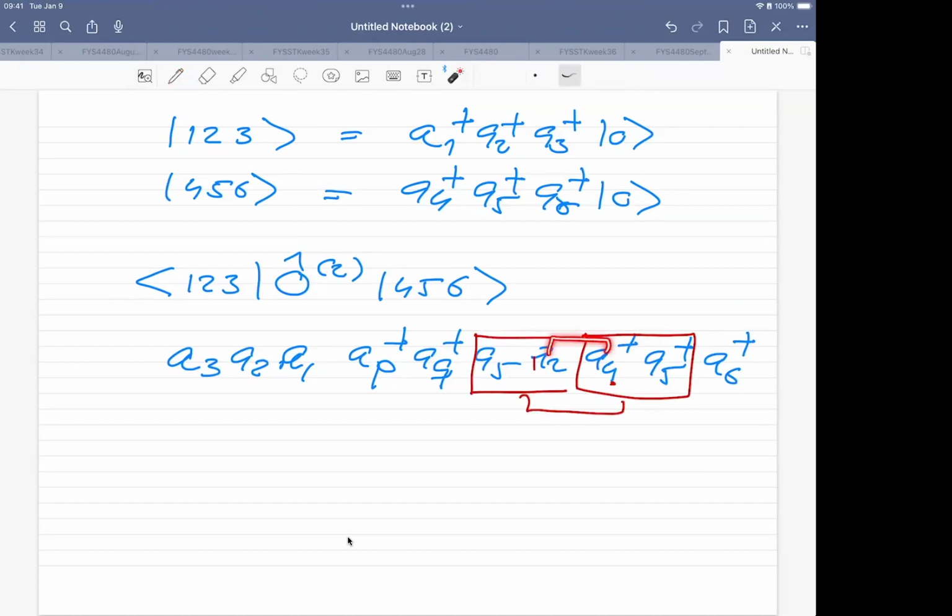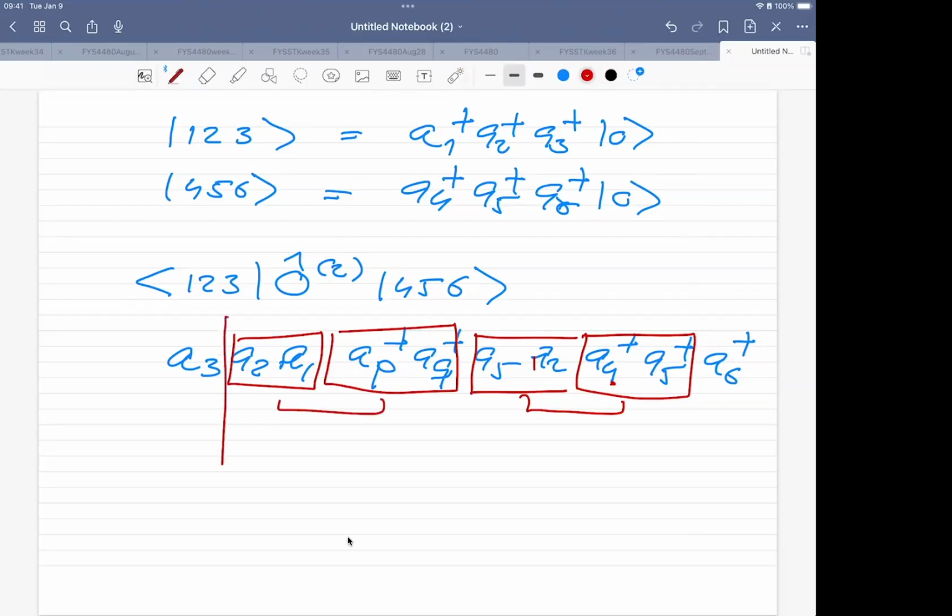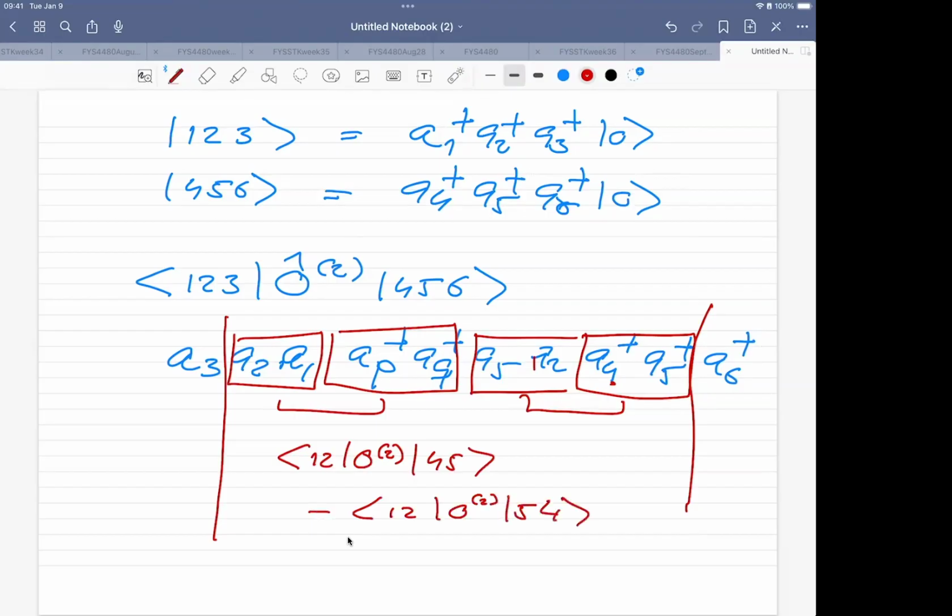I contract this one and this operator, and the other one is when I take this one. Similarly, what I can do now is to take these two operators and team them up with them. When we look at this set of contractions, let's just single them out like this. This will now be the two-body operator, as we did before, of 0254.